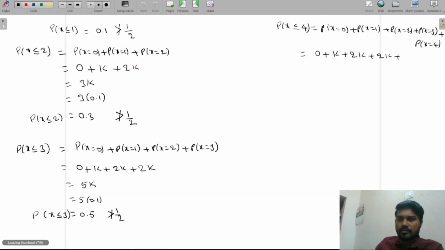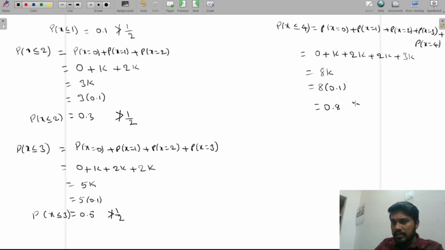So 3k I will substitute here, which is nothing but 8k. The value of k is 0.1, so it becomes 0.8, which exceeds 1/2. Yes or no?